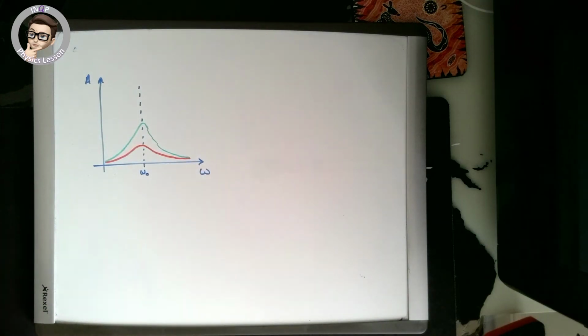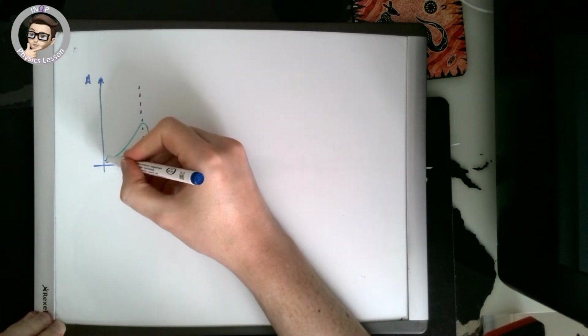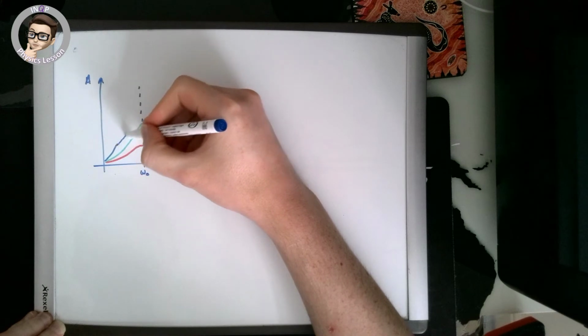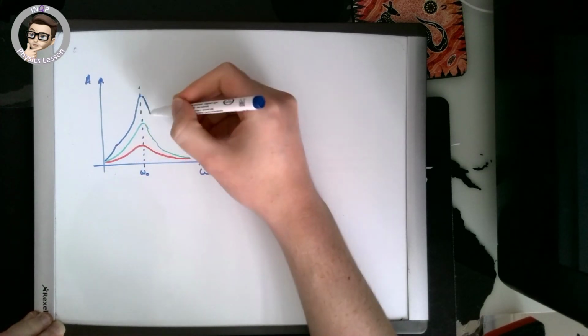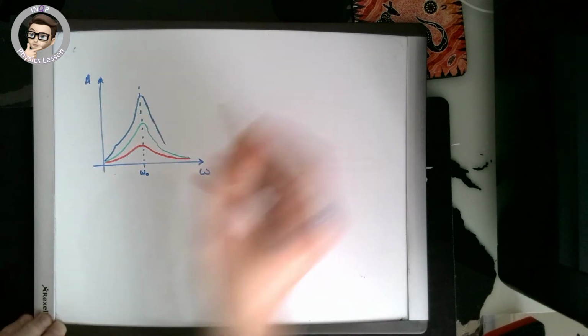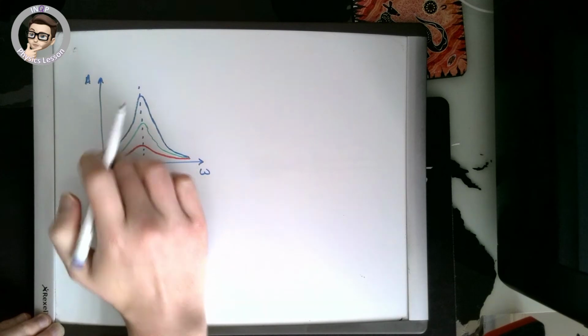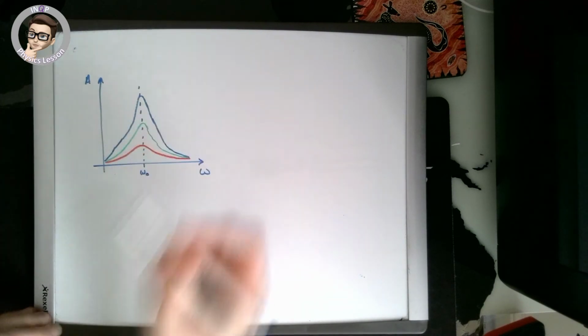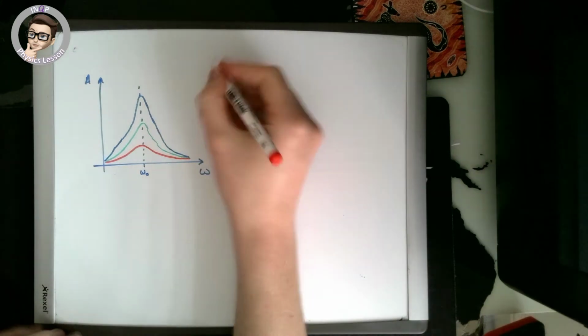And if I've got a very low amount of damping, or no damping at all, then that's where I'm going to get my peak resonance. That's where I'm going to get the highest amplitude, because at that point we have nothing stopping us driving it as much as we were going to do. So differing amounts of damping.